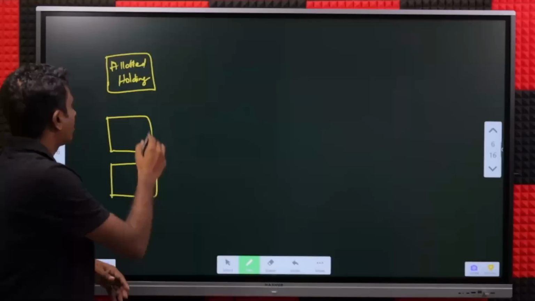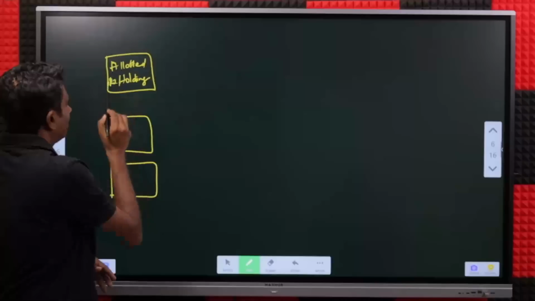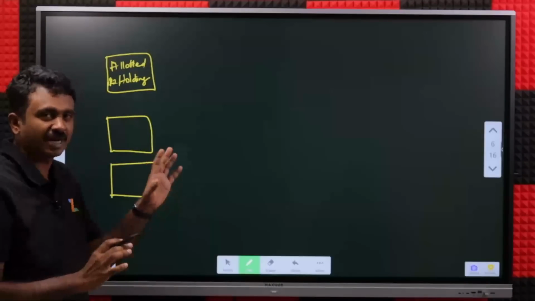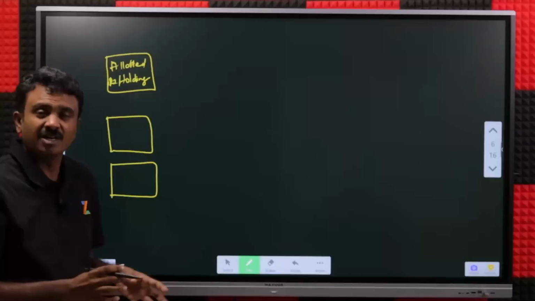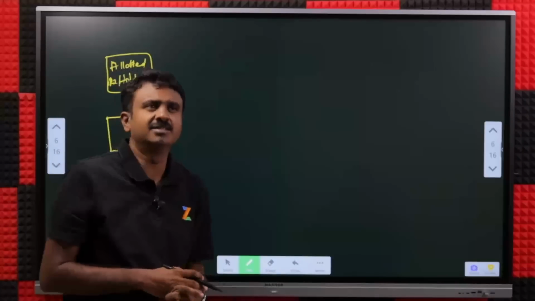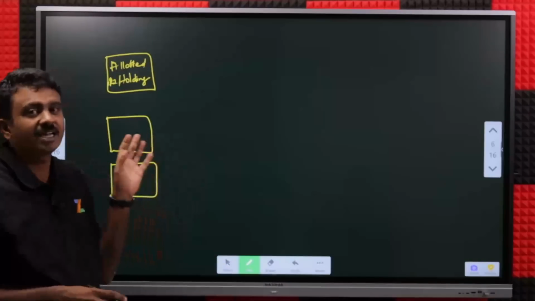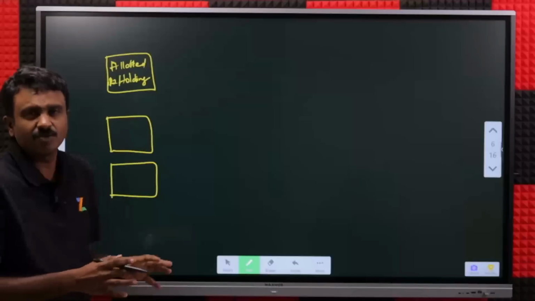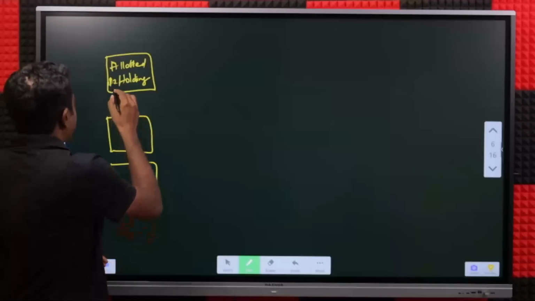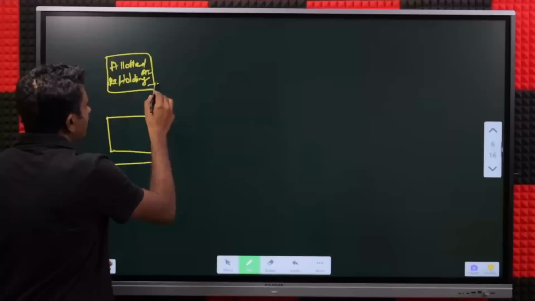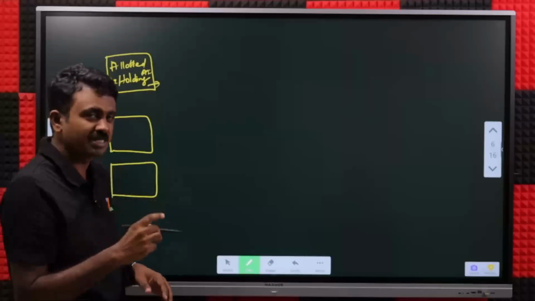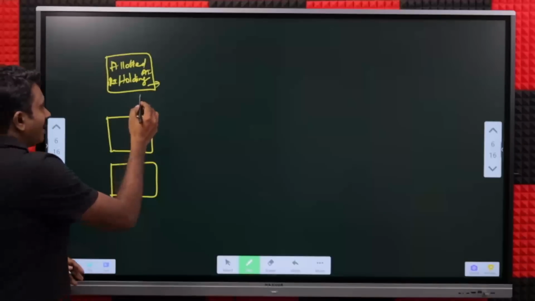Who are allotted in round 1 and holding a round 1 seat. This is a primary set. Most of them will be allotted and holding the seats, around 10,000 plus or 12,000 candidates, if we are right. Yeah, should be around 12,000. They are actually allotted and holding the seats. Around that number, 10,000 to 12,000 will be there. They are holding an All India Round 1 seat. And out of these, many would have opted for upgradation. This is one set, and they will be participating in round 2.